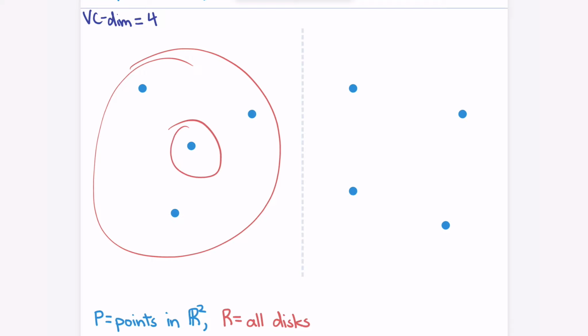Maybe it's 1 plus. Somehow I'm off by 1 in my definition. I have my notes, we can only hope they're correct. I'm saying you can't shatter those 4 points, but somehow my definition is off by 1.